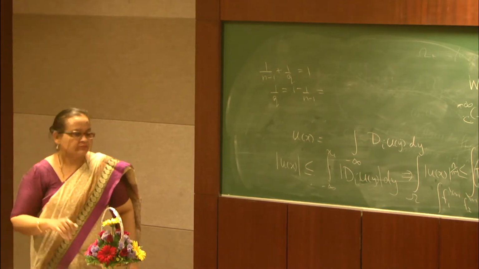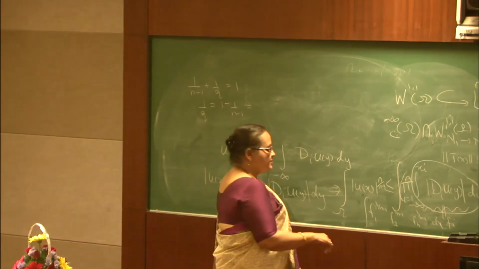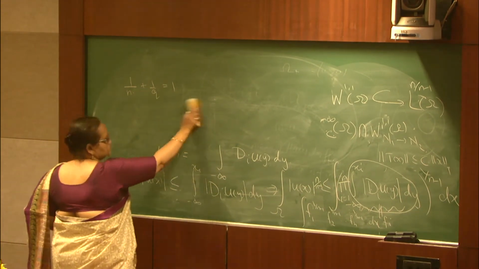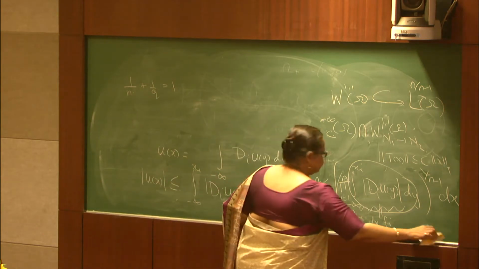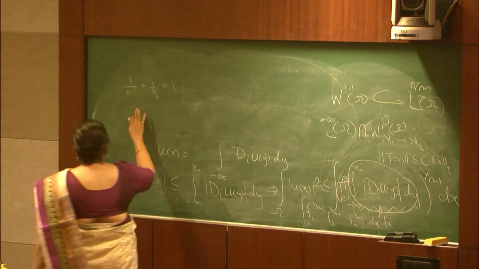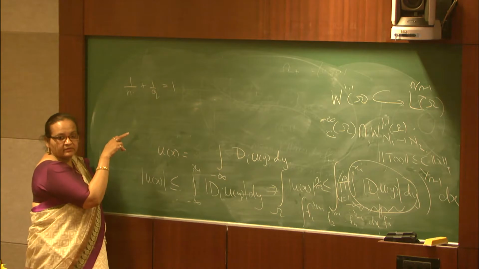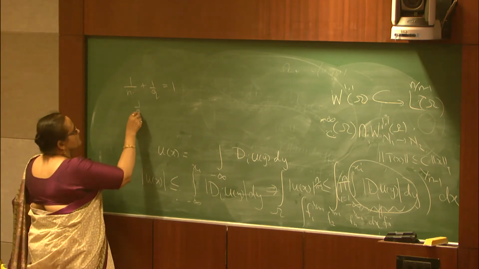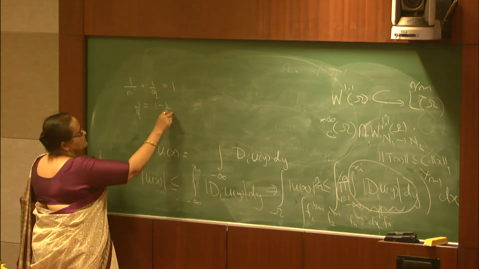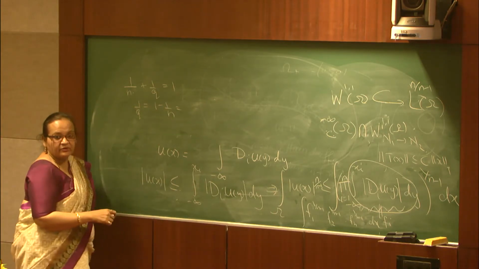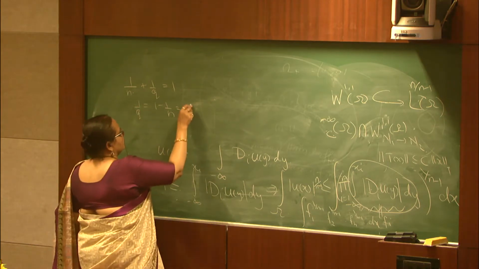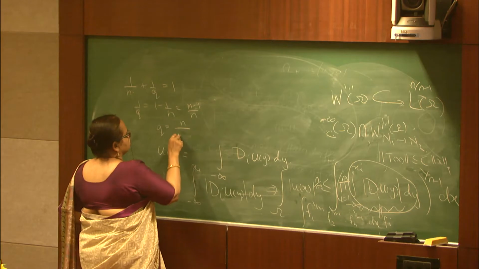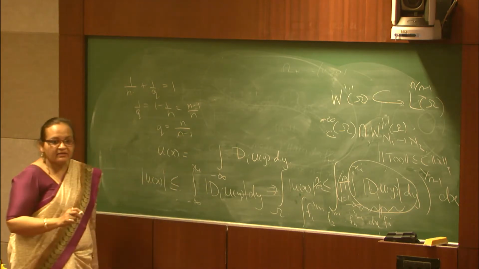Instead of that, 1 upon n. 1 upon n plus this. So what do you get? 1 upon q is equal to 1 minus this, which is equal to n minus 1 upon n. So q is n minus 1 upon n.